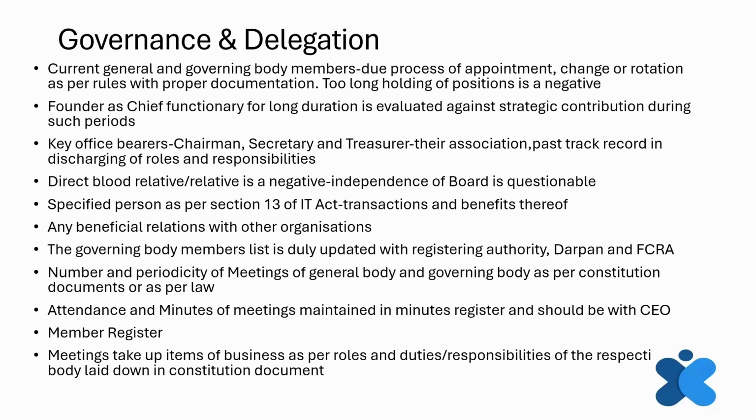Such benefits, if unreasonable, can be disallowed as an application from your expenditure. So with Section 13 people, be very careful about what their status is. Any beneficial relationship with any other organization also needs to be clearly articulated and captured.